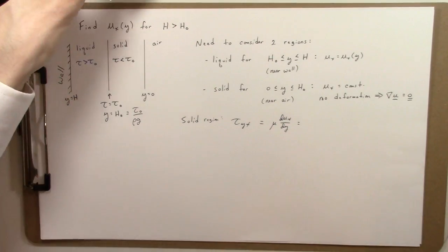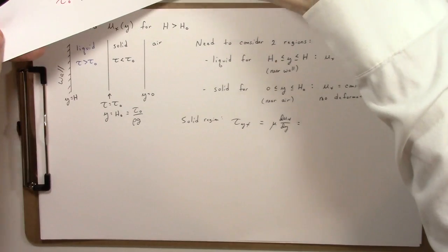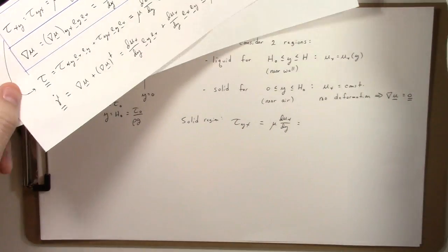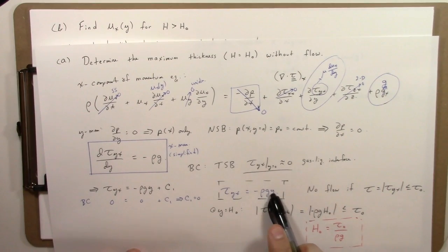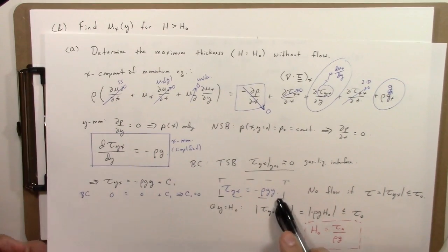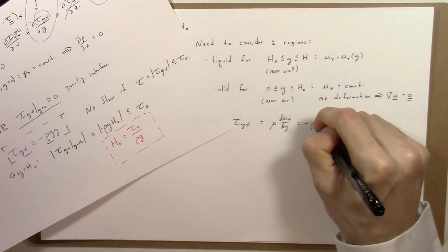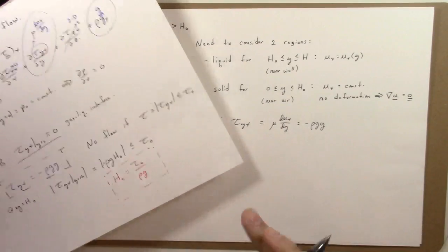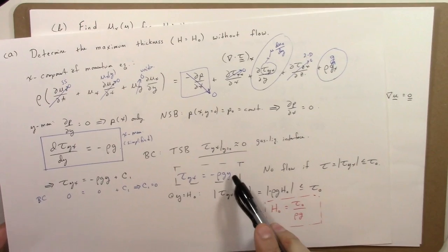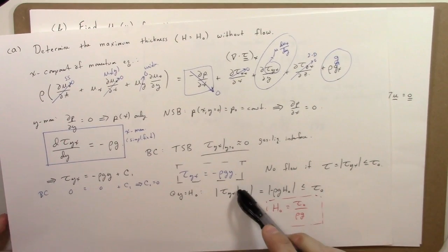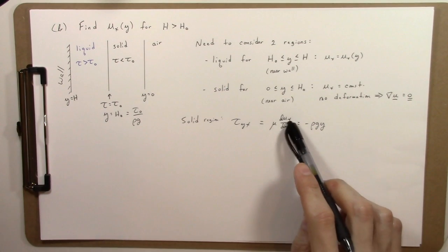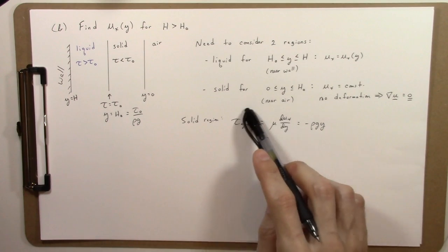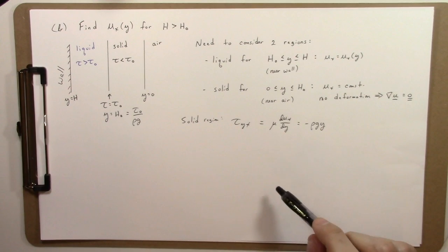And that's equal to, which we found from the second part of the analysis, tau yx equal to minus rho g y. So minus rho g y, that part came from the Cauchy momentum equation. And then this first part, tau yx is mu dux dy, that came from the constitutive relationship, or the constitutive equation for a Bingham fluid.